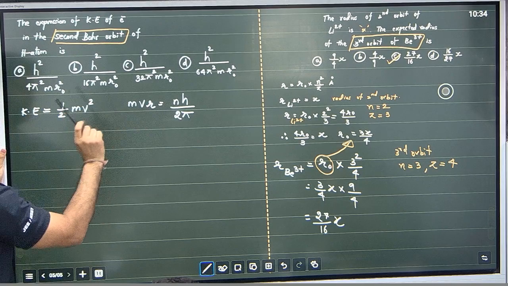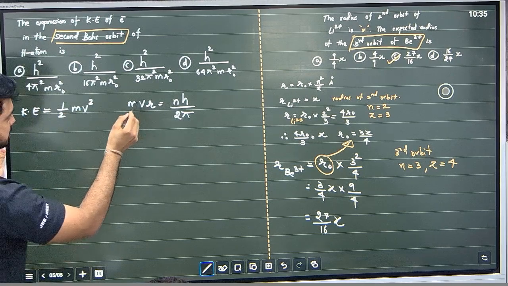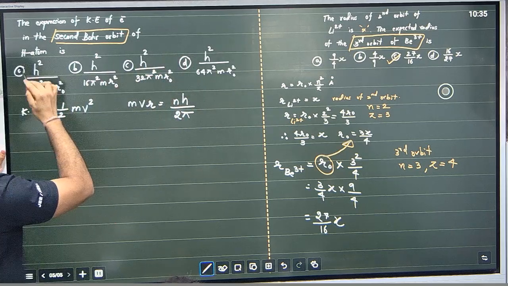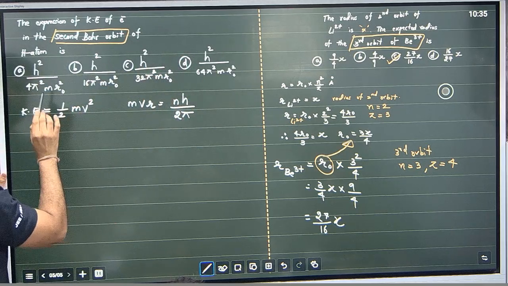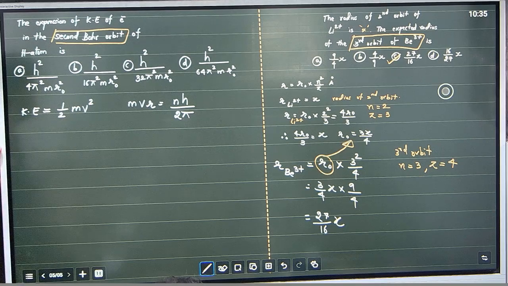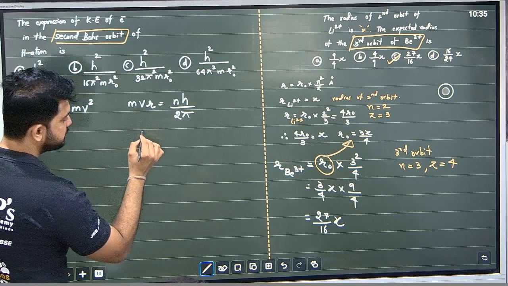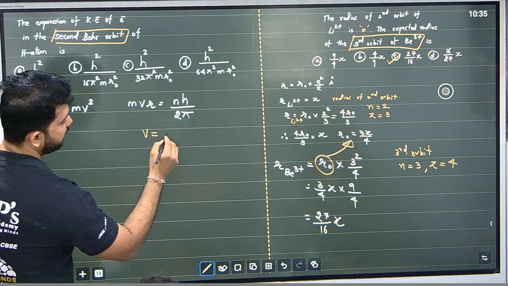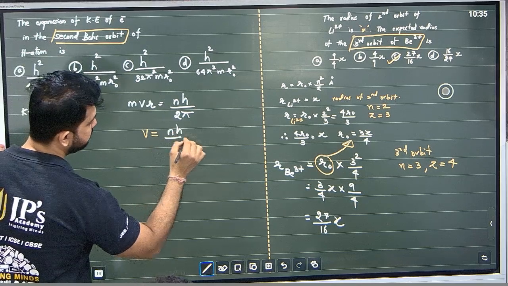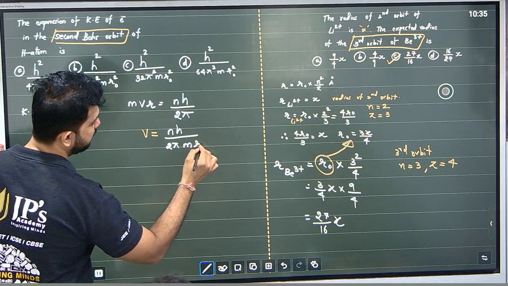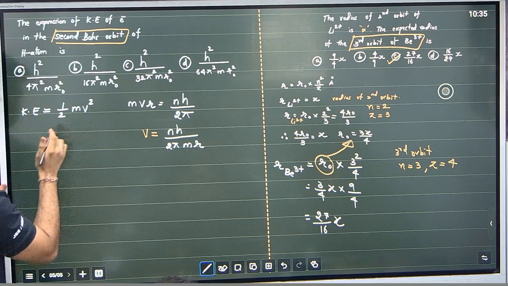In all the options, I'm sorry, there is no velocity. Do you see velocity anywhere? So from here I need the expression for v. What is the expression for v? nh upon 2 pi m r. Put that here. So what do you get?